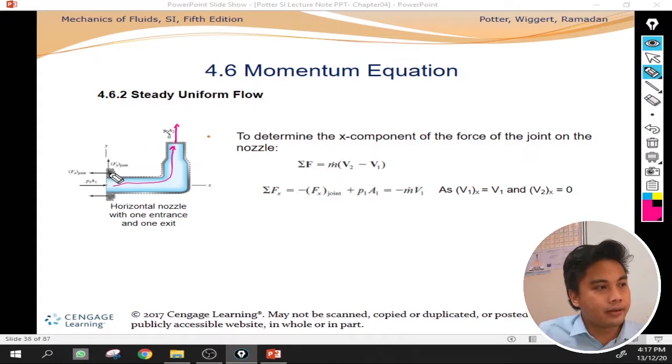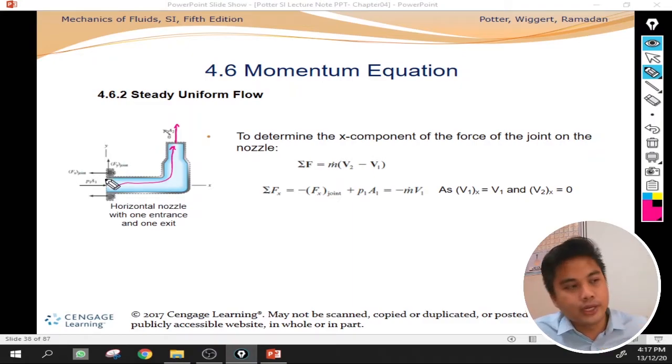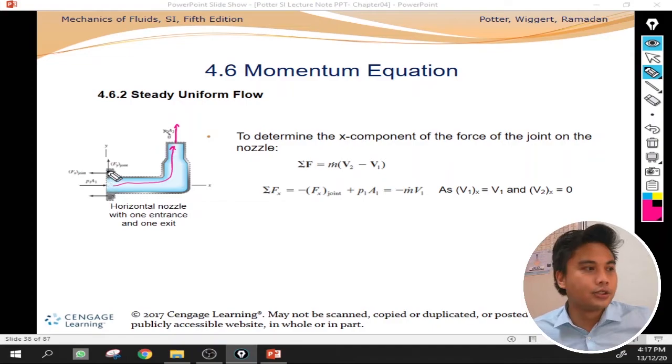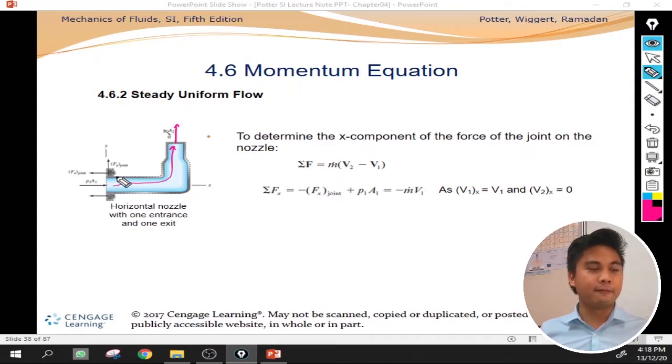And we have the reaction forces, which we call Fy and Fx components. This reaction force is required to hold the nozzle from moving. Alright, we have the screw. Definitely we have the reaction points in the x and y directions.